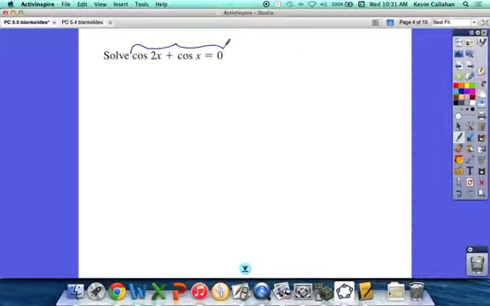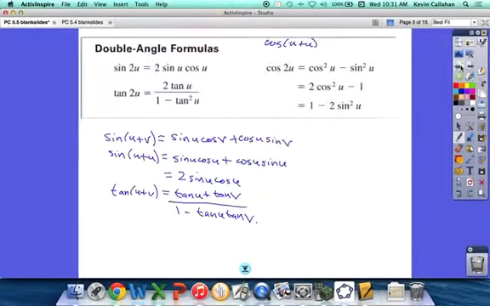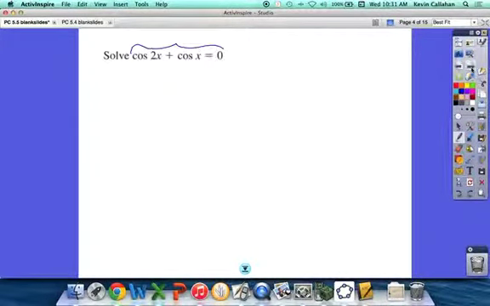We need it all to be an angle of x. Okay, how would we do that? Well, I'll go back to this page. If we're going to substitute for the cosine of 2x, then we've got to take our pick between these here. Right? Which one are we likely to choose when there's also a cosine of x in that equation?